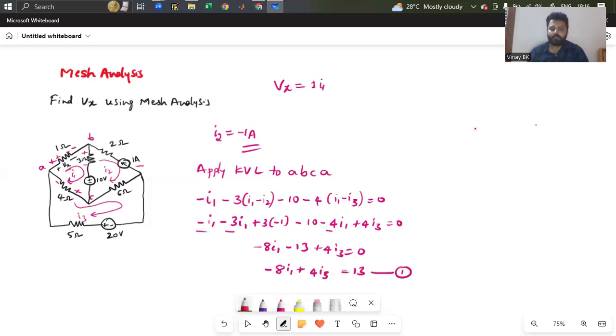Similarly, apply KVL to the loop ACDEFA.